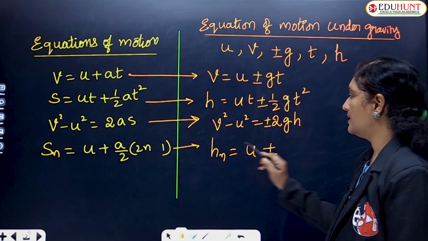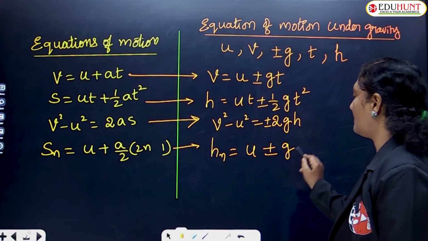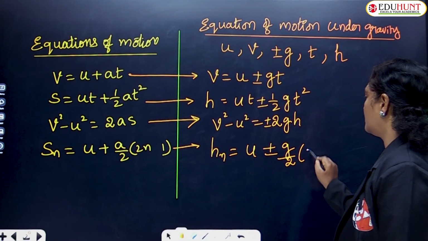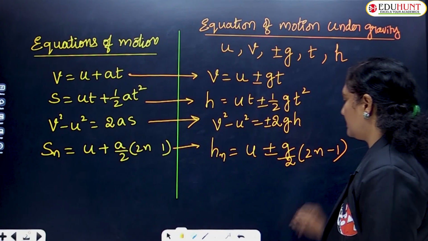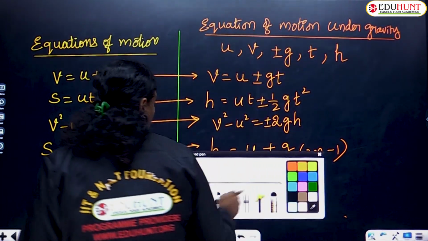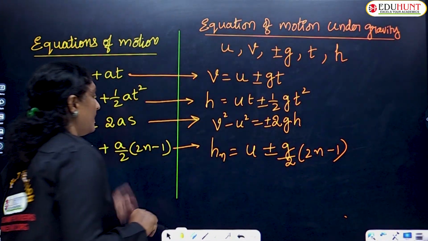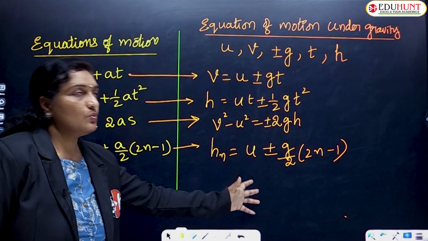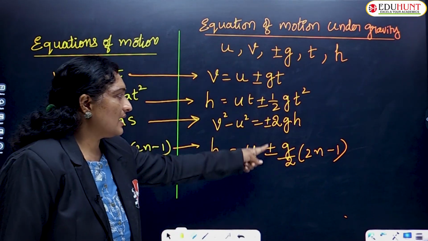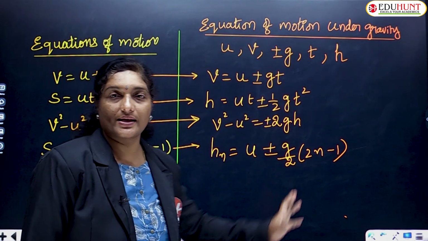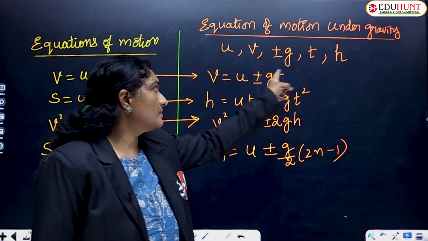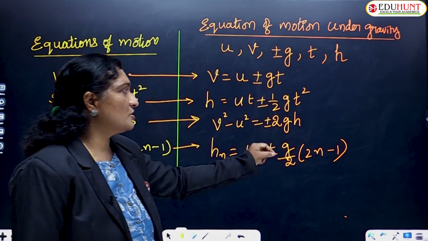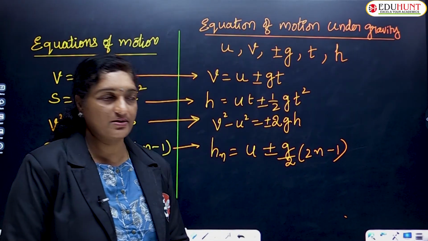Now moving to the third equation, h3 is g by 2 into (2 into 3 minus 1). This is nothing but g by 2 into 5, which is 5g by 2. Equation number 3. So three distances we have calculated, that is h1, h2 and h3.